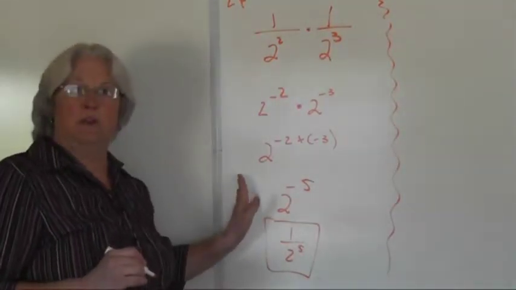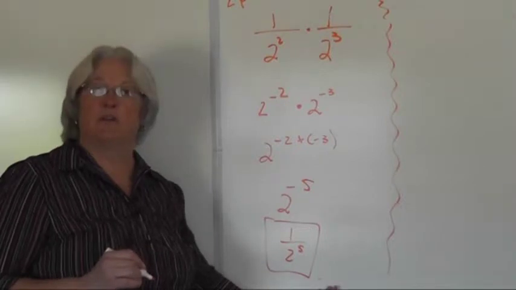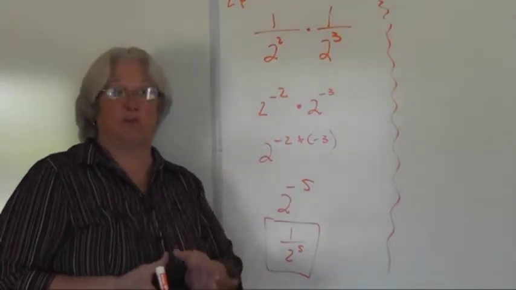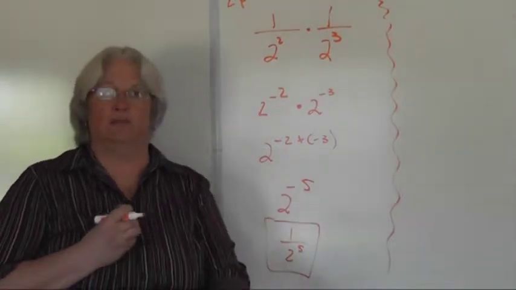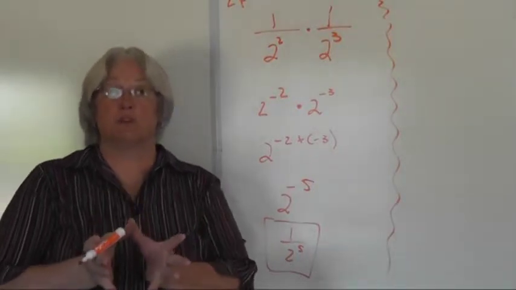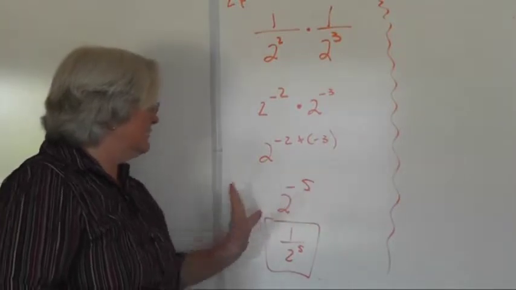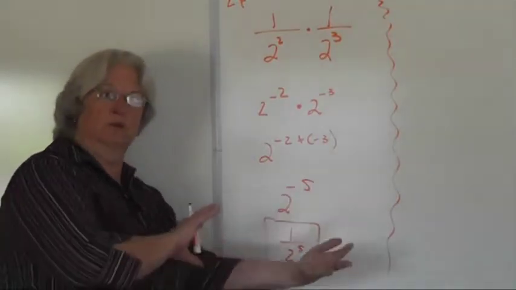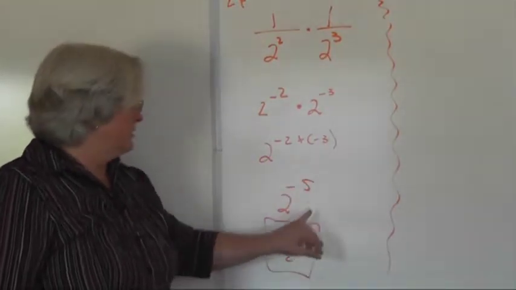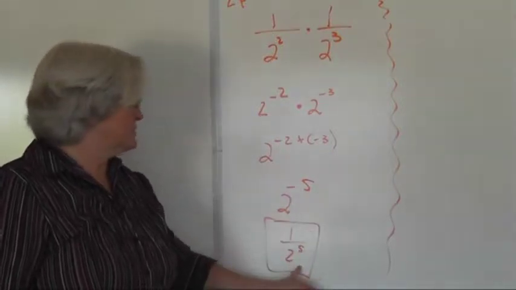Why did they go from 2 to the negative 5 to 1 over 2 to the 5th? Because very, very frequently you're going to be given restrictions on your solution that say use only positive exponents. So you just use this conversion to eliminate the negative exponent, show it as positive.